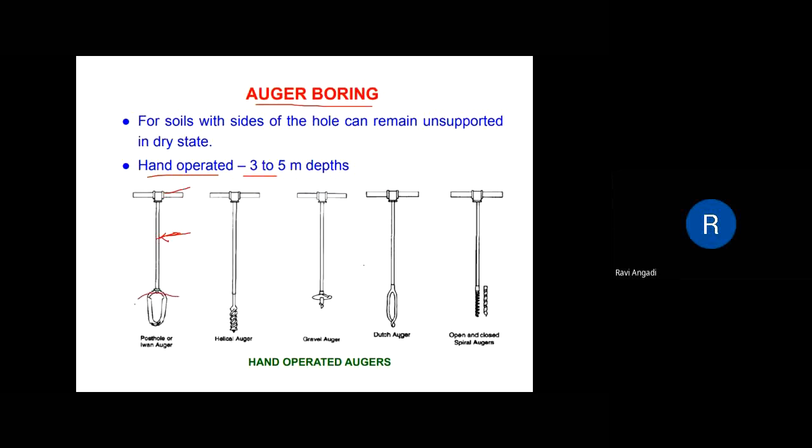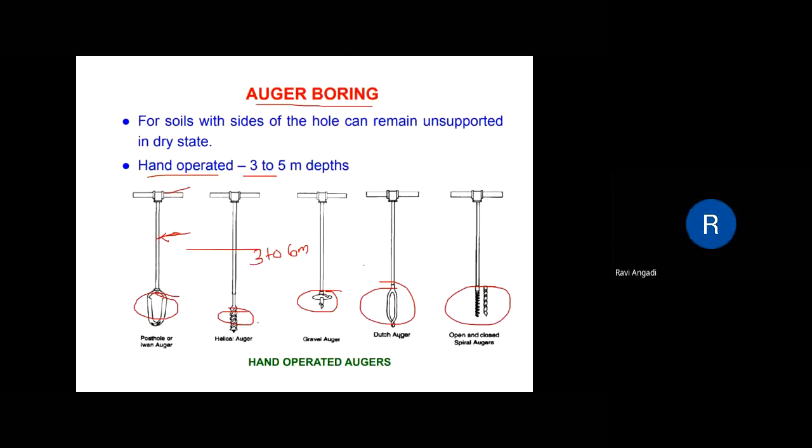These manually operated augers are suitable for advancing holes up to 3 to 6 meter depth. The hand auger is attached to the lower end of a pipe about 18 millimeter in diameter.